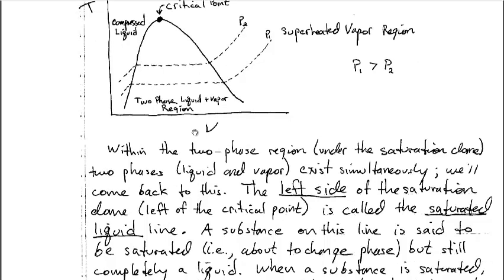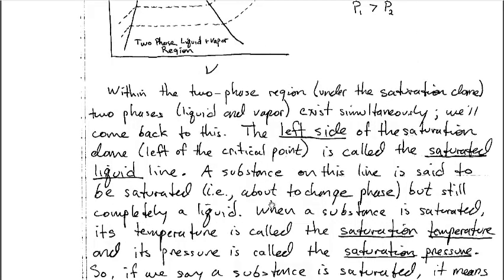So a substance that is a saturated liquid, what that means is that it's saturated, which is to say that it's about to change phase, but it's still completely a liquid. So in other words, it's at the saturation temperature and pressure, or if you prefer, the boiling temperature and pressure, but it's still all a liquid. It hasn't started to actually change phase yet.